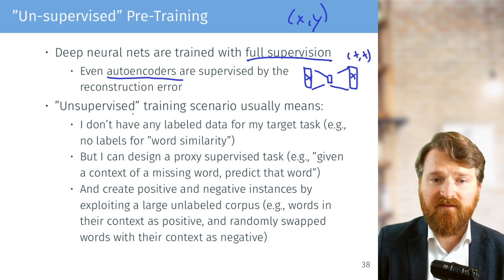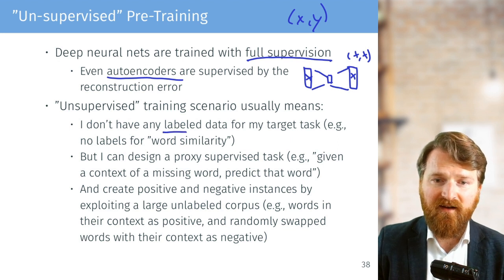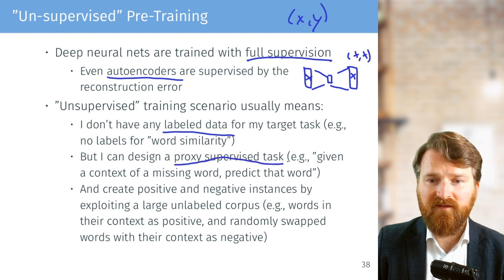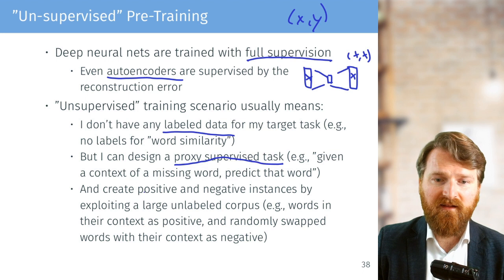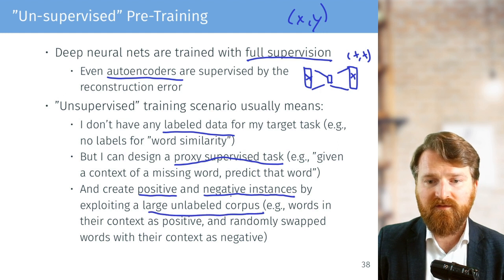So the unsupervised training scenario usually means that I don't have any labeled data, but I can design some proxy supervised task. So for example, given a context of a missing word, predict that word, which we know from BERT embeddings, and then create positive and negative instances by taking a large unlabeled corpus, and I can swap words and so on.